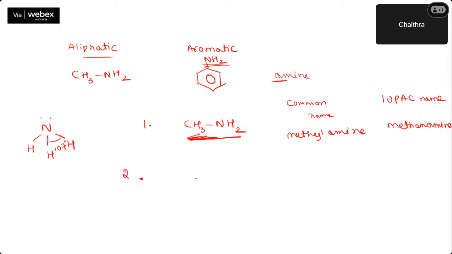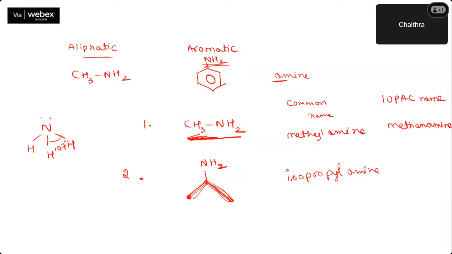For example, I'll take this. Can you tell me the common name and IUPAC name for this? How many carbon atoms are there here? 1, 2, 3. But is this a normal propyl or isopropyl group? If we have an open V structure, this is an example for the iso prefix. So this is called isopropylamine.